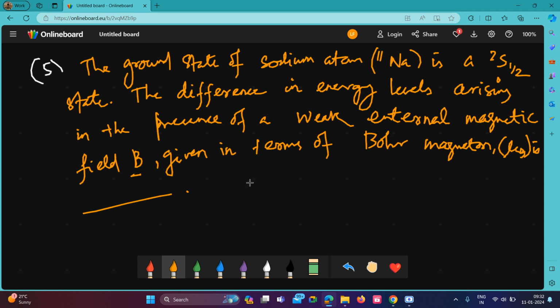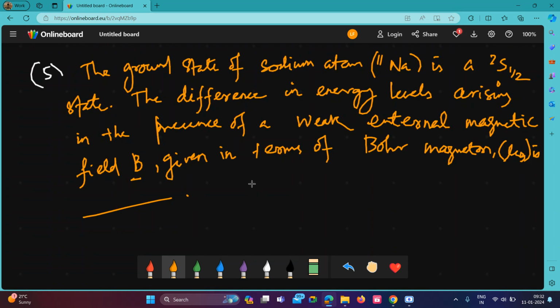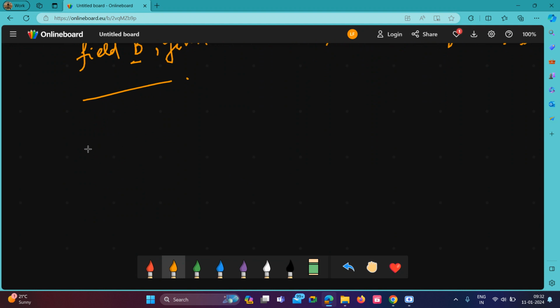The ground state energy is given, a state of 2S half. Now, the difference in energy levels arising in the presence of a weak magnetic field. How to do it?